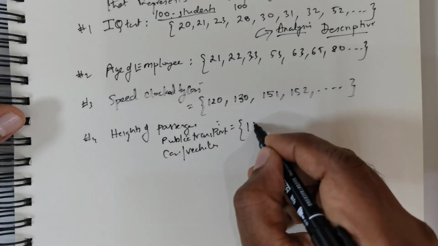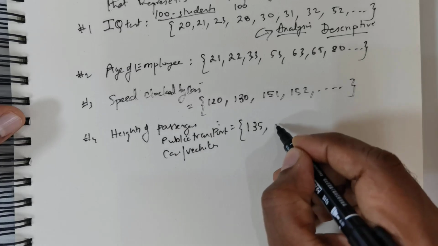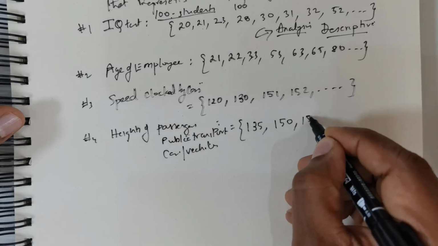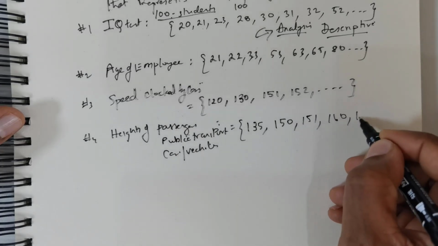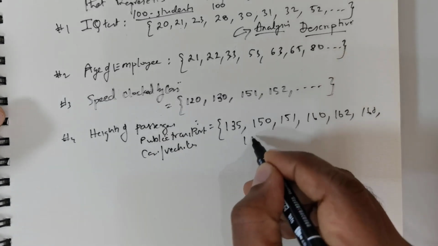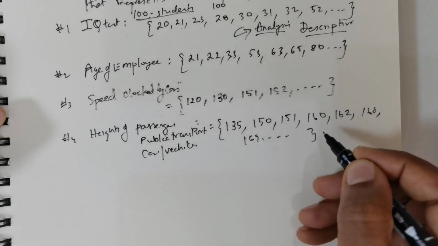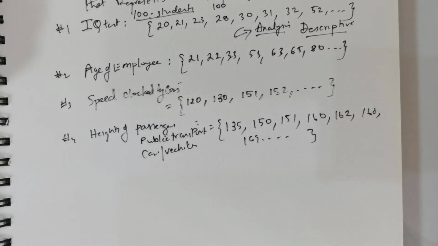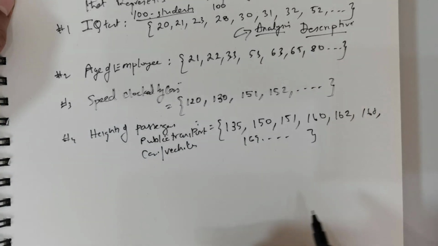So you got people who are 135 centimeters, 150, 151, 160, 162, 168, 169 centimeters, and so on and so forth. So this is also quantitative data. So I've given you several illustrations.